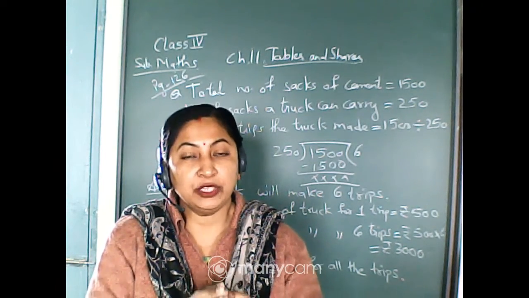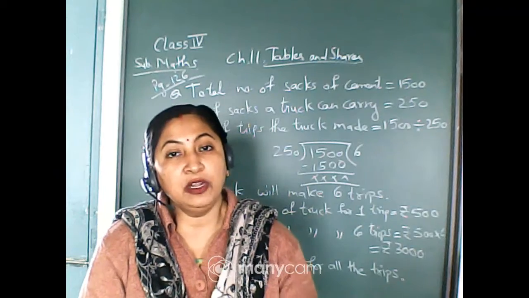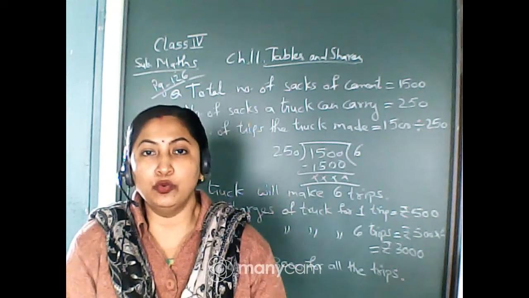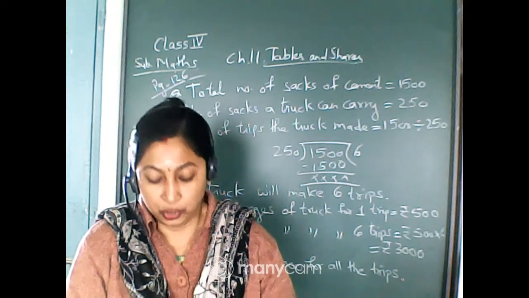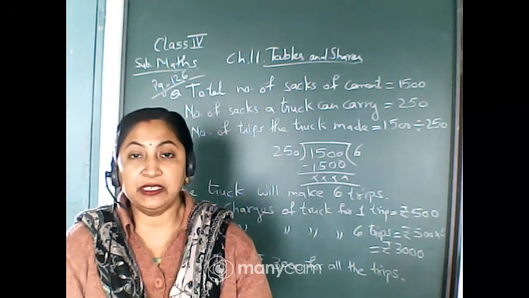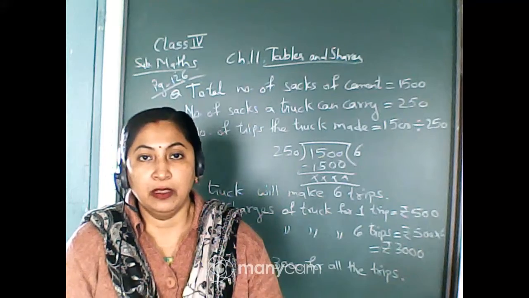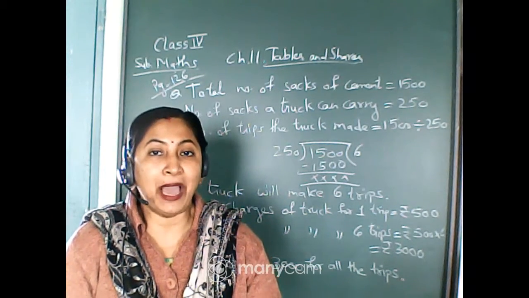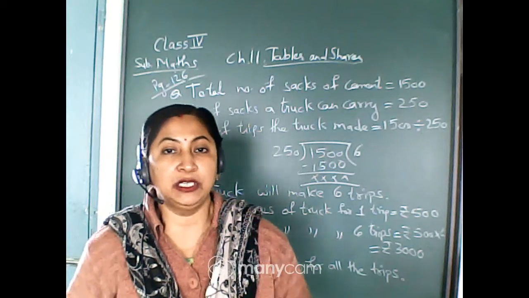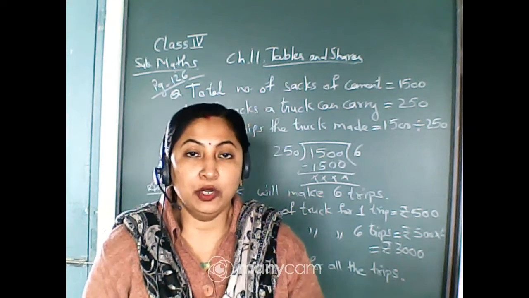Now these 23 boxes will be filled with all 92 laddus, and in each box there will be 4 laddus. So 12 more laddus are needed to pack the whole 23 boxes fully with 4 laddus in each box.